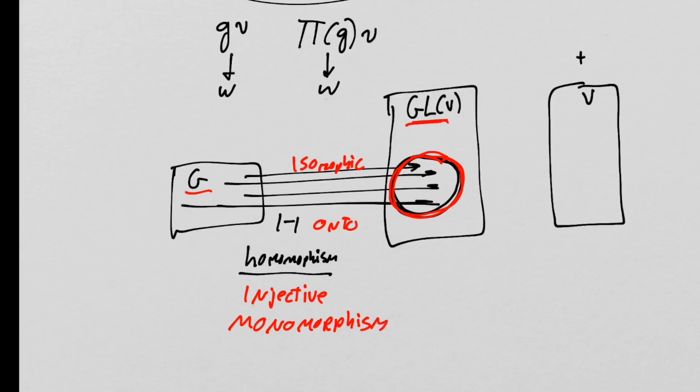Right? When you have a 1-to-1 homomorphism into essentially a larger group, the fact that it's a larger group is represented by the fact that it's a homomorphism. If you had a 1-to-1 mapping into a group that was the same size, it would be an isomorphism. But it's a homomorphism into a larger group that's 1-to-1. We call that a monomorphism.